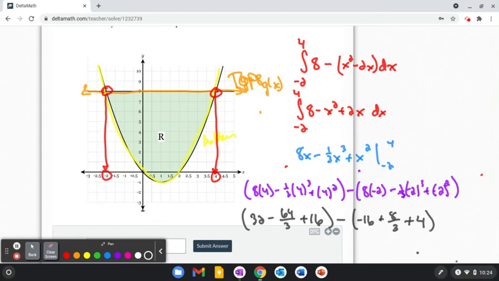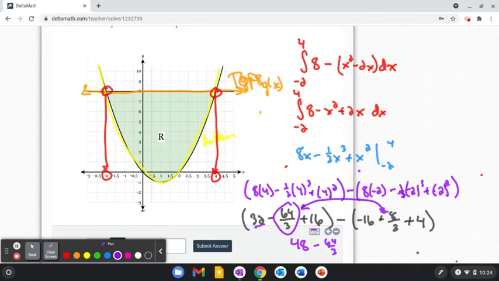Now, even though these are separated by parentheses, it's okay to actually kind of group them together to redistribute. For instance, these thirds here, before I go ahead and convert these to thirds, I might actually want to just combine that with that one because it's already in thirds. So I'm going to group those together in just a second, kind of leave them as is for now. So I've got 32 plus 16, which is 48 minus 64 thirds.